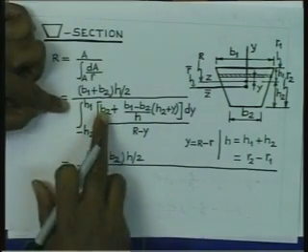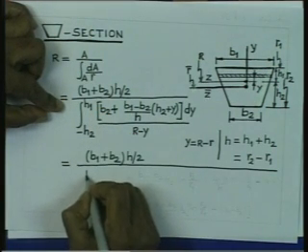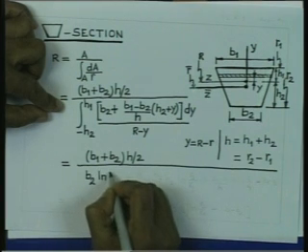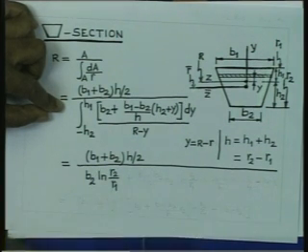We can integrate this portion very easily, and that will give us B2 ln R2 by R1.